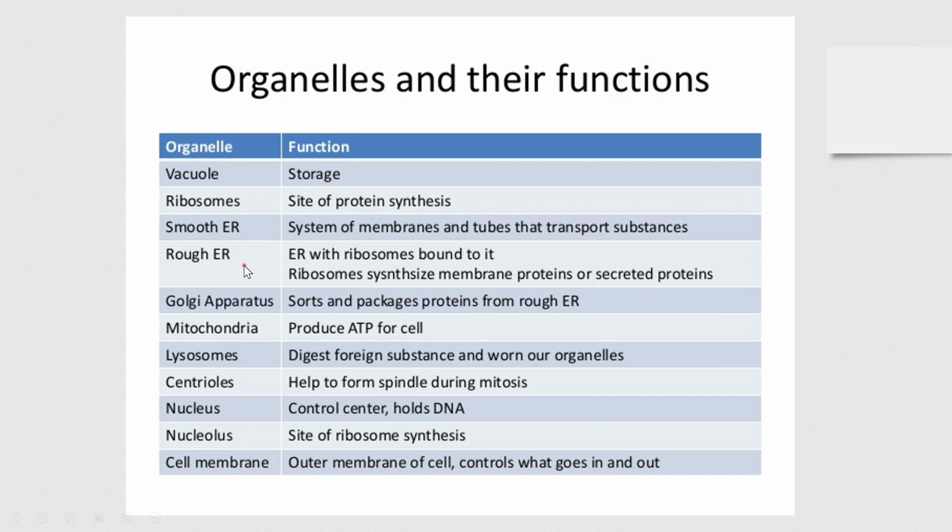Now I'm going a little bit maybe too quick over this, because we will have a diagram when we look at these functions in more detail. Now mitochondria produce ATP for cell, lysosomes digest foreign substances and worn out organelles. Centrioles help to form spindle when cells divide during mitosis. Nucleus holds DNA. Nucleolus is inside nucleus, that is site of ribosome synthesis. And we talked about cell membrane already.